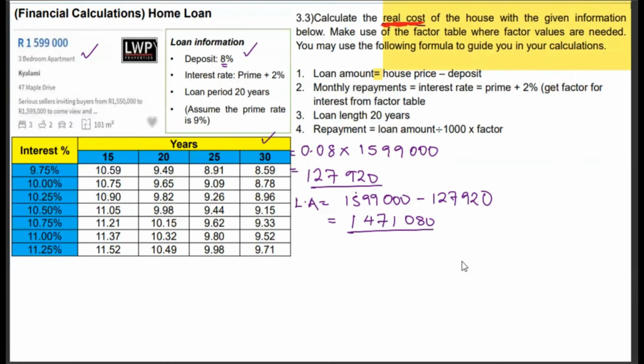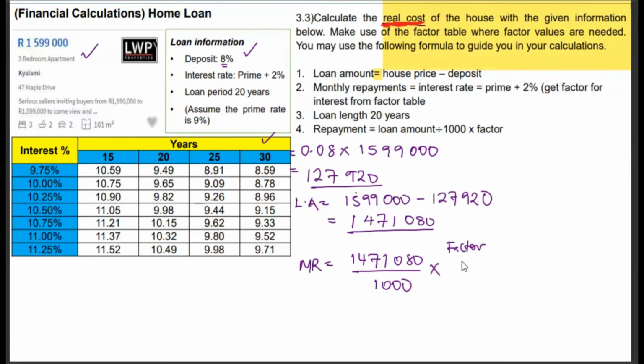So the next thing is to look for the monthly repayment. I'll call it MR. MR will equal the loan amount after the deposit, divided by 1,000, times the factor.